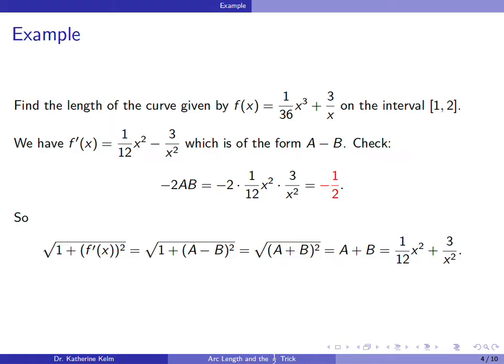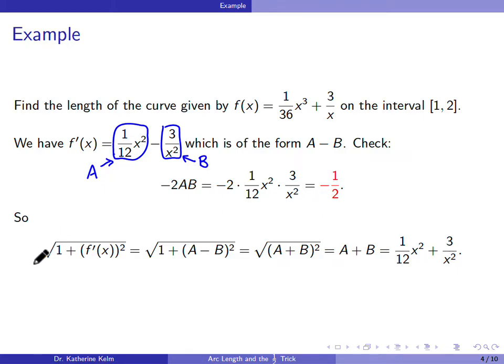So let's check what will be the middle term when we multiply out a minus b all squared. 1/12 x squared, that's our a, and 3 over x squared is our b. So negative 2ab is equal to negative 2 times 1/12 x squared times 3 over x squared, which simplifies to negative 1/2.